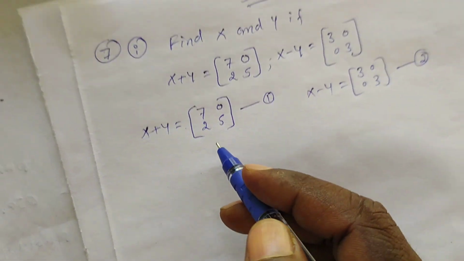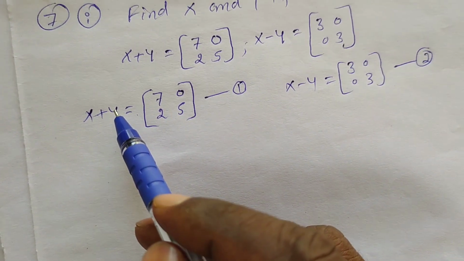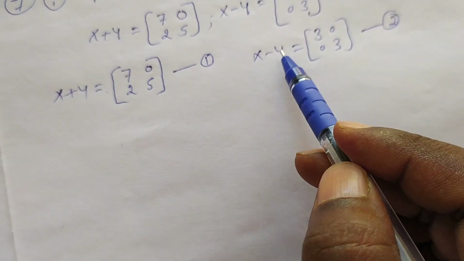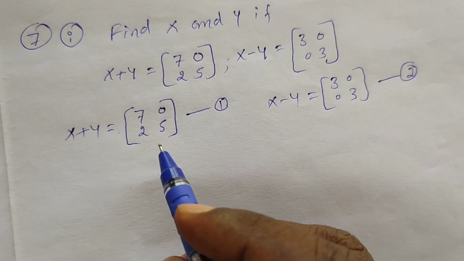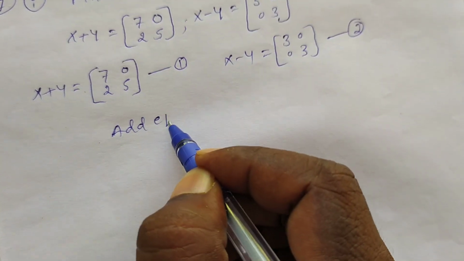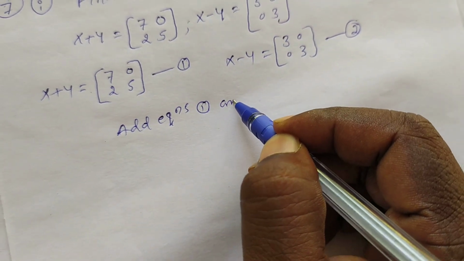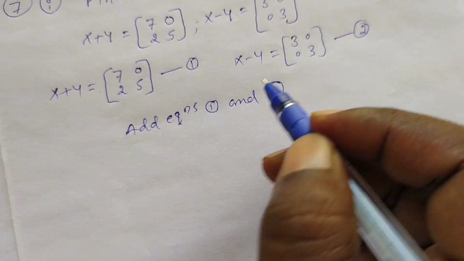Now for finding the value of X, we have to remove the Y. We have plus Y, and this is minus Y. Hence we should add equations 1 and 2.